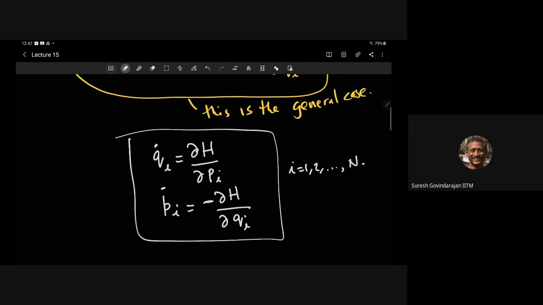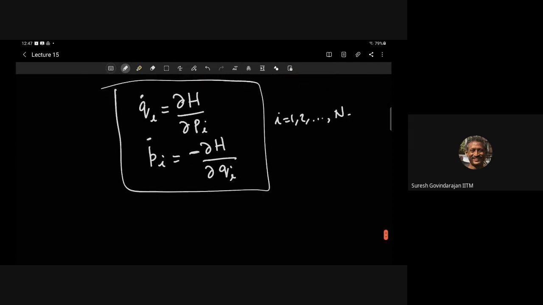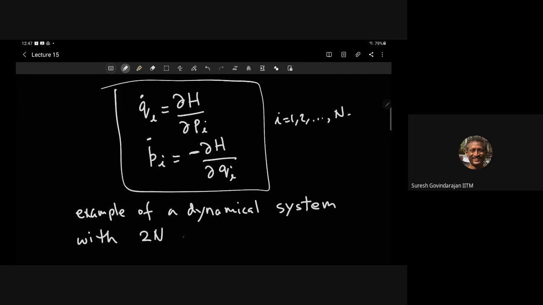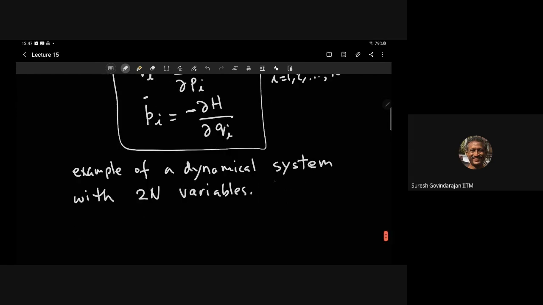Okay, so again, this is an example of a dynamical system with 2n variables. Okay, but it is not generic. Because why is it not generic?